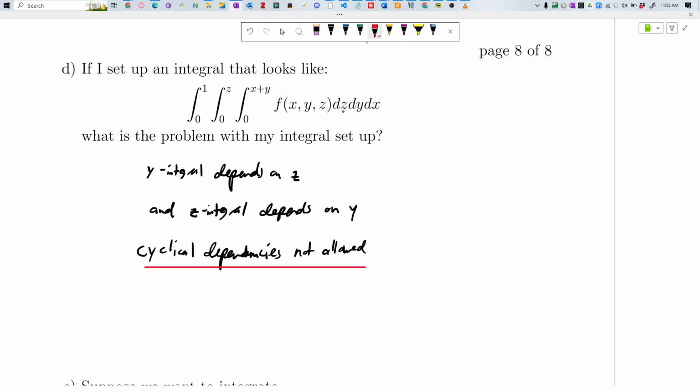It doesn't make sense because you can't figure out what is the... to define this integral, you need the maximum z value. Well, that ends up pulling you inside the integral, and you still can't see what the maximum z value is. So it's not a well-defined region.